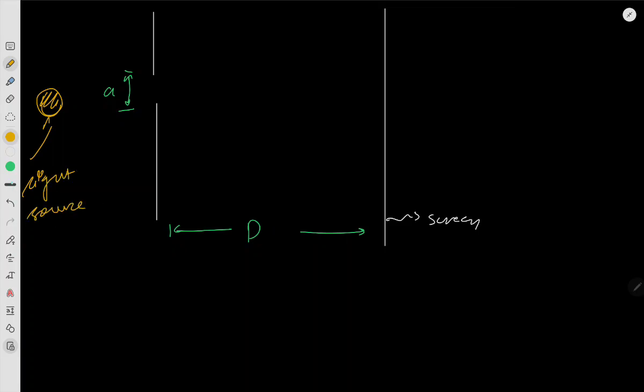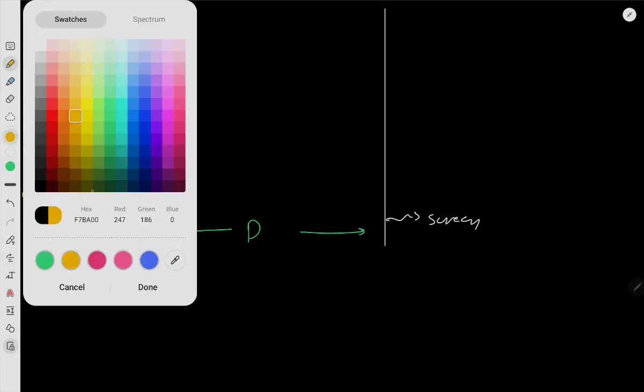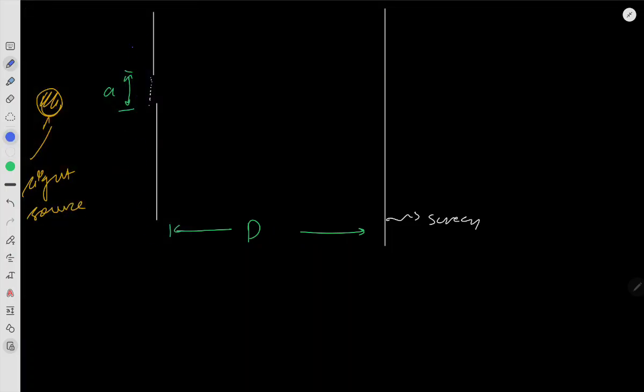Now what is happening is that there are infinite number of light sources over here. I'll write it with another color. Infinite light sources.